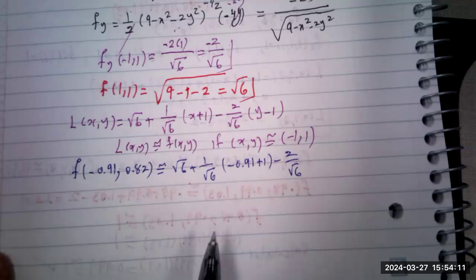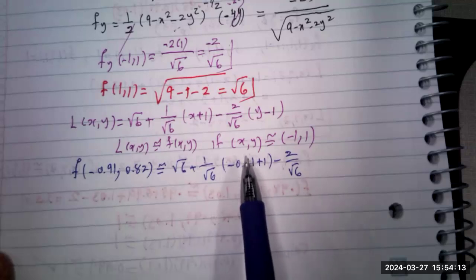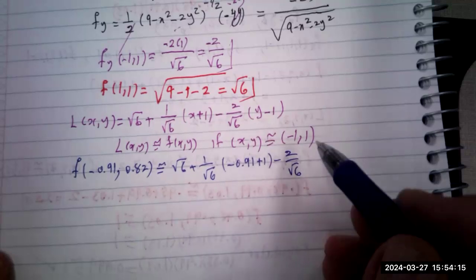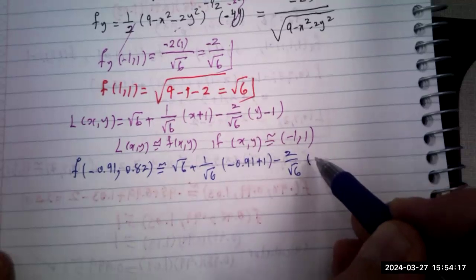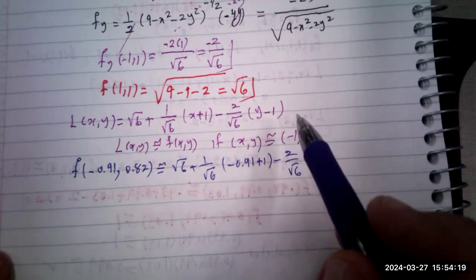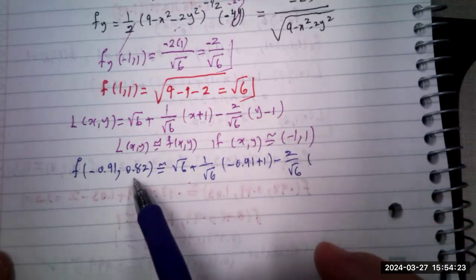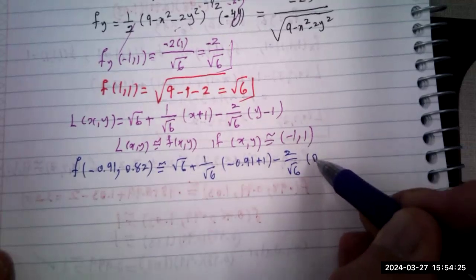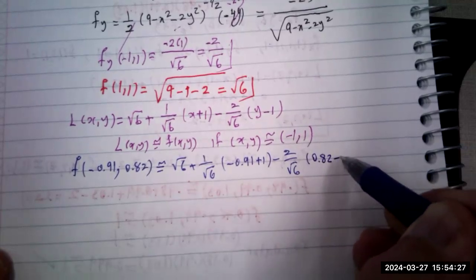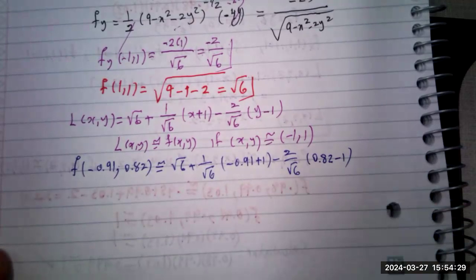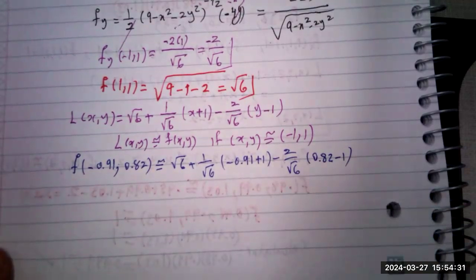This is it. Minus 2 radical 6. I'm going to work on the y minus, and y is, I'm sorry, 0.82. 0.82 minus -1. Okay, you can take care of these.